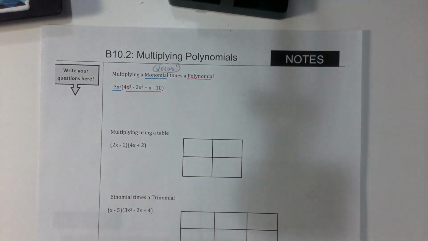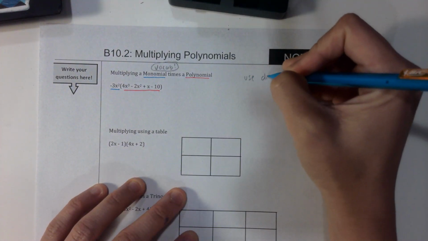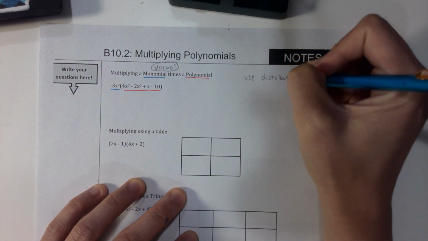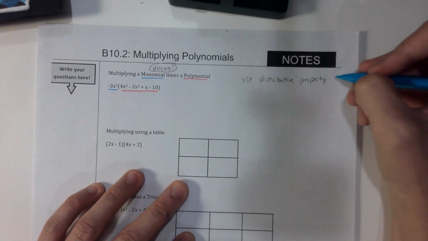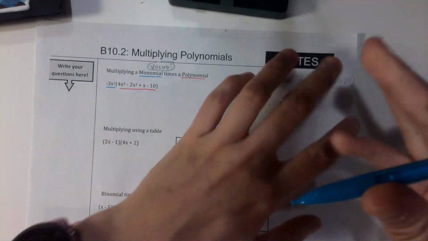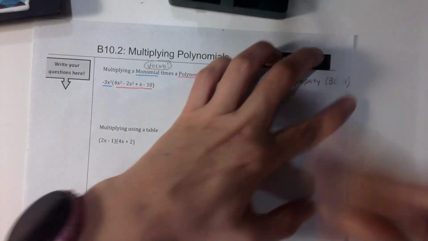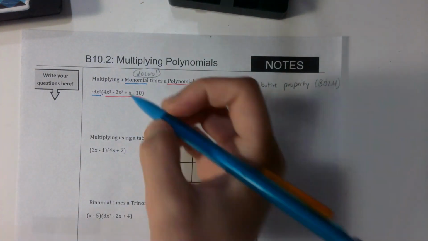Okay, so when you're multiplying, you can pretty much just use the distributive property. You learned about that all the way back in the beginning of the year, B10.2. So if you want to go back and look, you can do that.